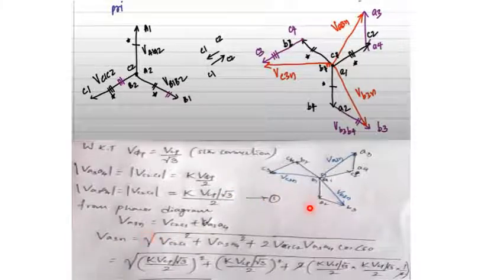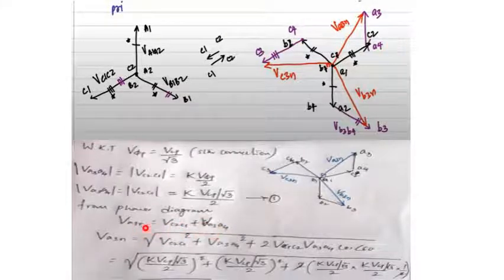Now from the phasor diagram I drew, I consider the net phase voltage of the A phase, VA3N, which equals the sum of these two phasors. So VA3N equals VC2C1 plus VA3A4.